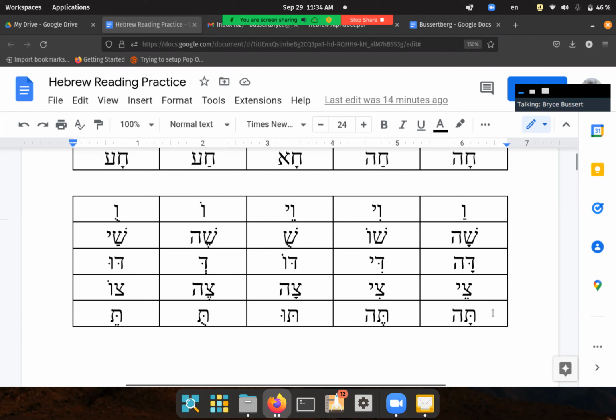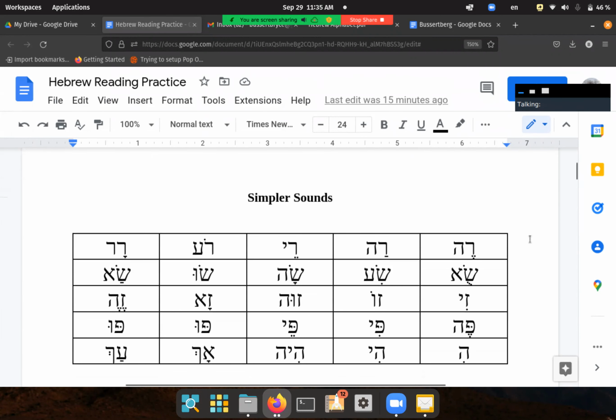All right, the final one in this chart is ta. That's tav. It's also a beged kefet letter, and so it has this dagesh. Ta. Te. Tu. Te.